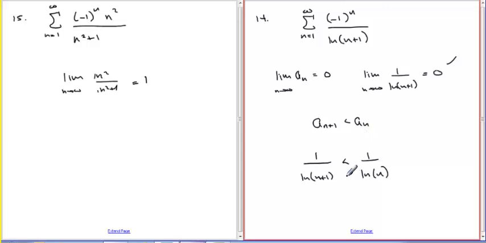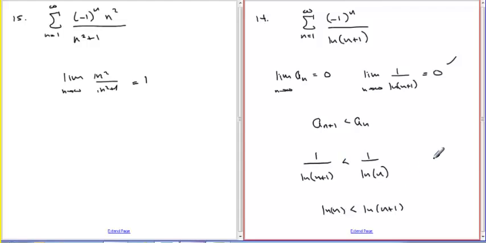You can rewrite that as: is the natural log of n always going to be less than the natural log of n plus 1? What I did here is I just cross multiplied. So this goes over there and that goes over there. So the natural log of n is always less than the natural log of n plus 1.